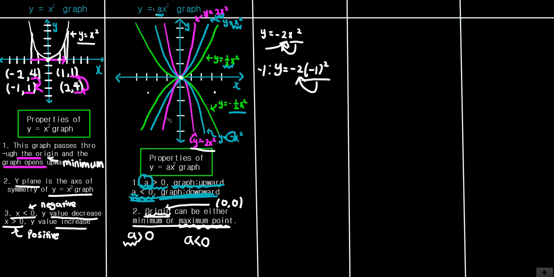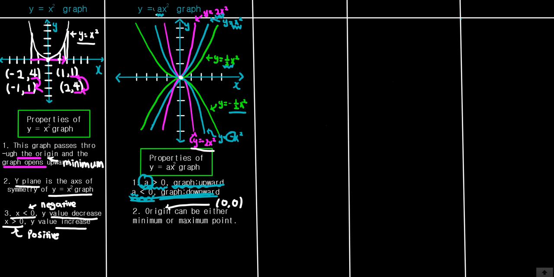So whether we input positive or negative values, they will all turn to negative outputs, which means there will be no positive values, and the maximum point will be the origin, which is 0, 0. And we actually proved why the origin can be either a minimum or maximum point. It depends on the a sign, whether it is positive or negative.